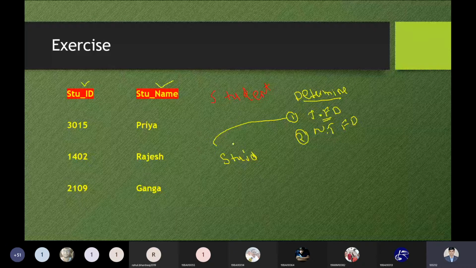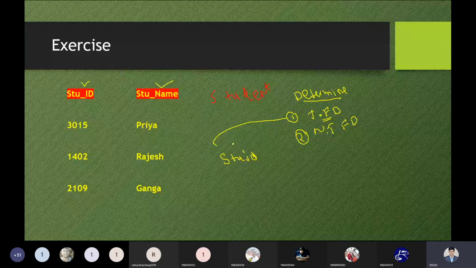Student ID determines student name. This is one kind of functional dependency. And marks also depends on student name. Suppose we have this kind of functional dependency as well.